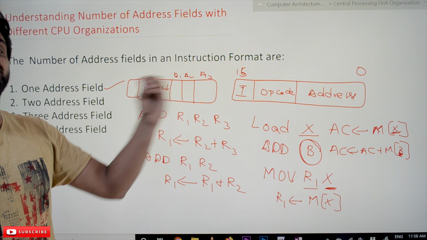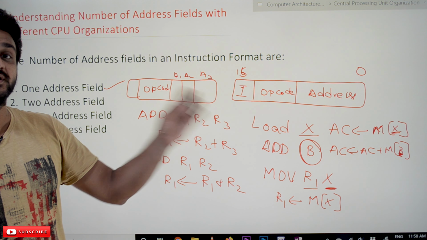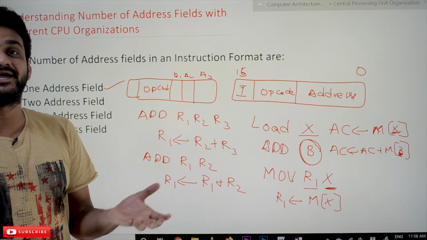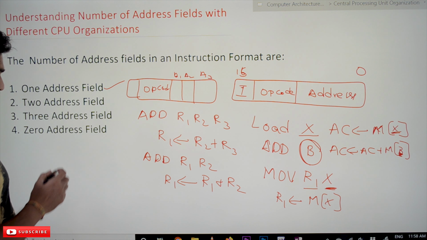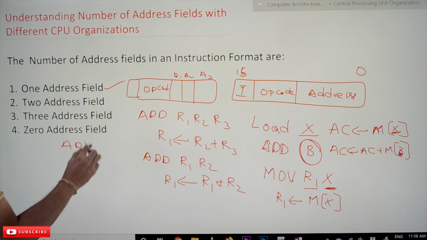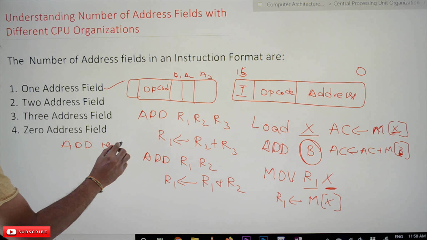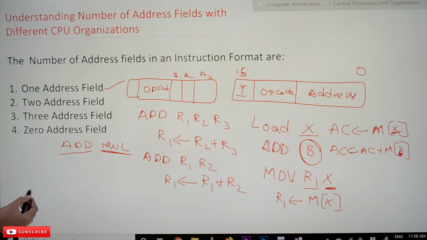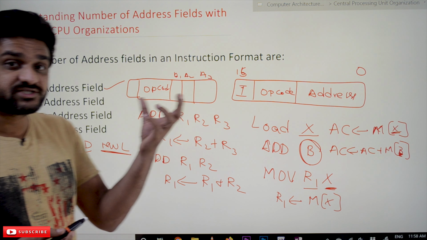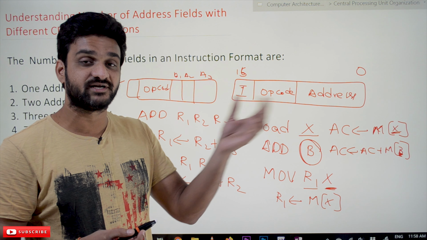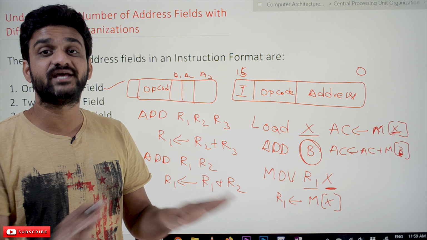0 means not completely 0 for all the operations. For some of the operations, address fields cannot be provided. For example, the operations add and multiplication. For these operations, the instructions that are used for the stack CPU organization may not be provided with any address fields.